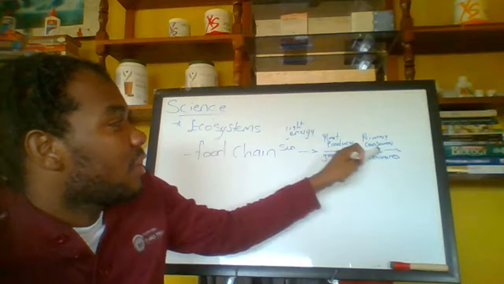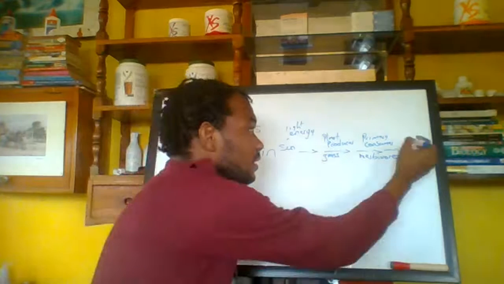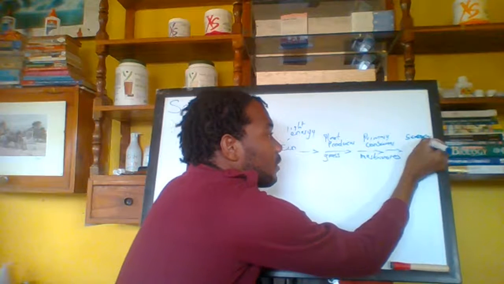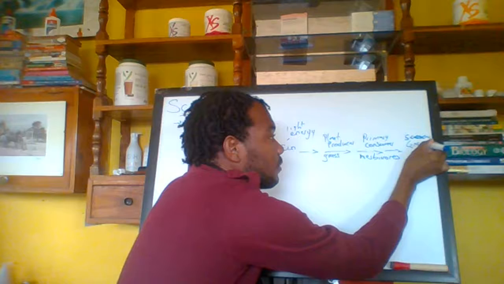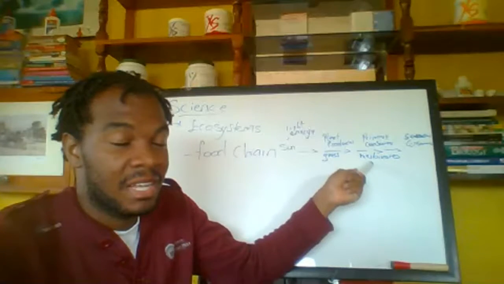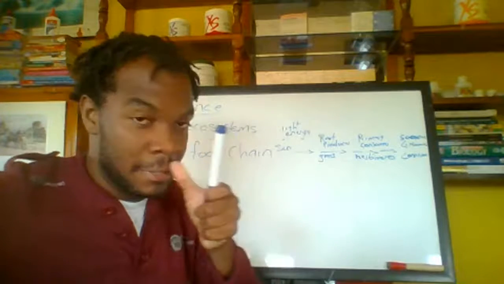These primary consumers are herbivores. And then there are secondary consumers, which eat the herbivores, they eat meat.